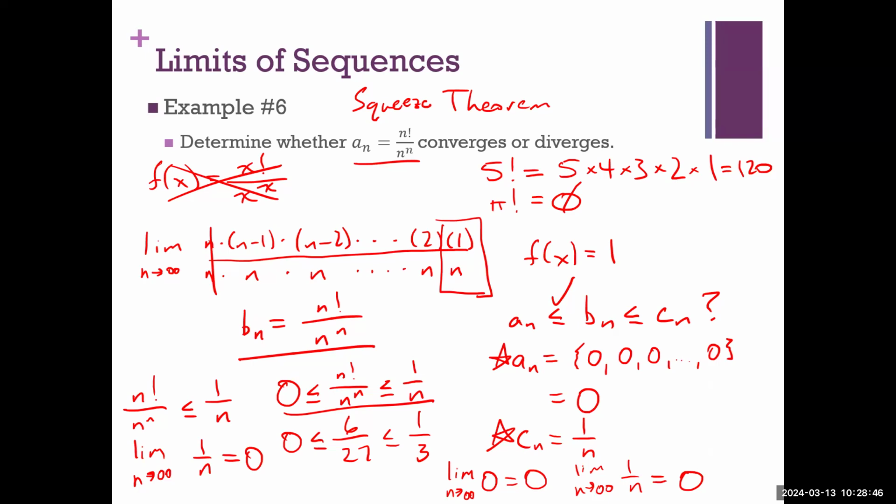Also 0. So this is how the squeeze theorem works. If you can find an A sequence and a C sequence that are way easier to think about and behave this way, you can look at the convergence of those simpler sequences. This converges to L equals 0. Questions there? Ask me all of them.